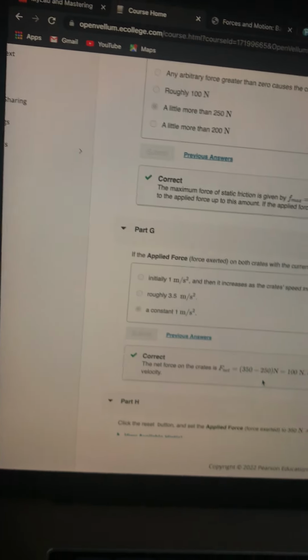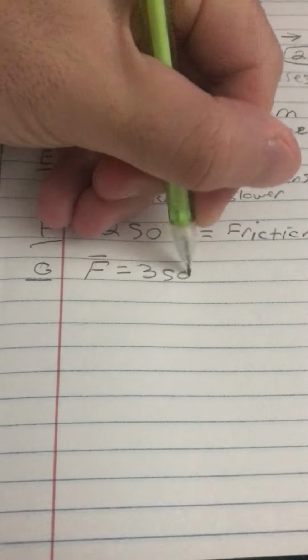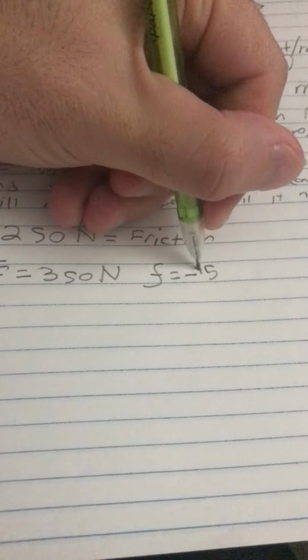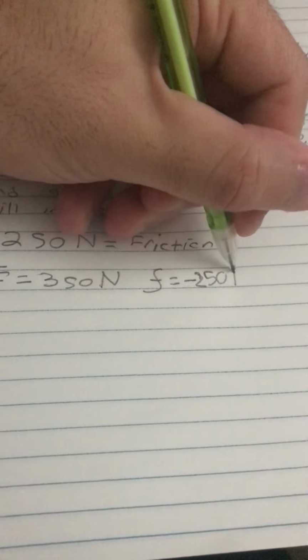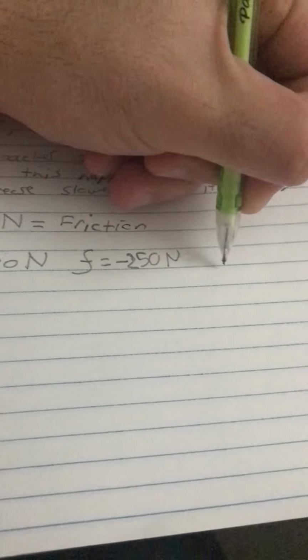If the total force is 350, the acceleration is, okay, so that's easy. So if force equals 350 newtons, and friction equals 250, in the negative direction because it works backwards, then this minus that is the net force.